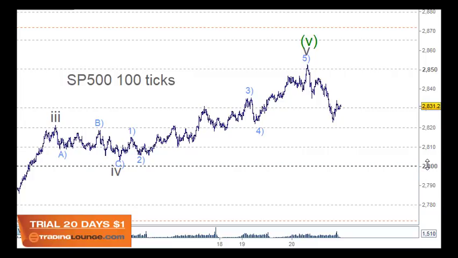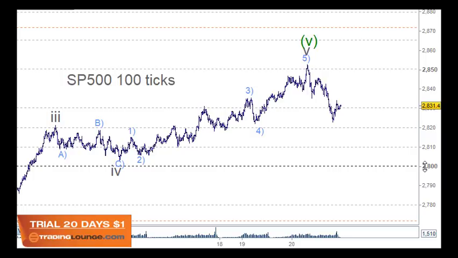So if it comes down to this one here, then we would probably have a top in play. The next question is what type of top, and we're going to look at that next.